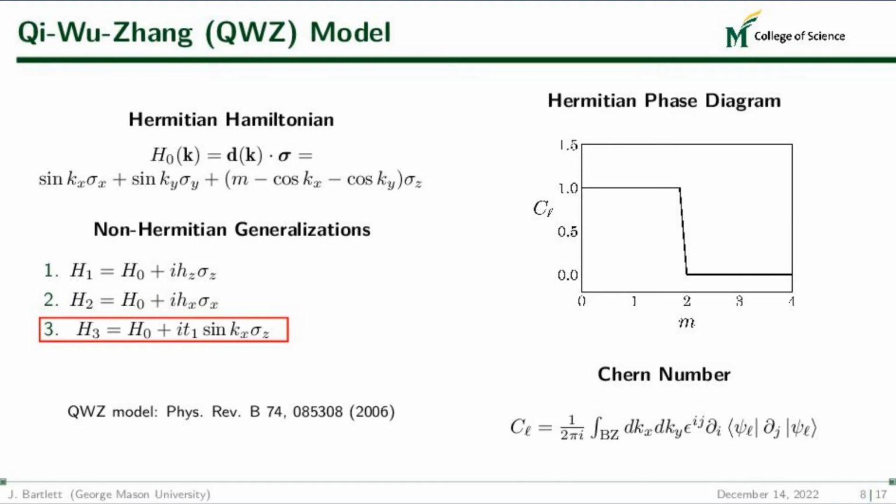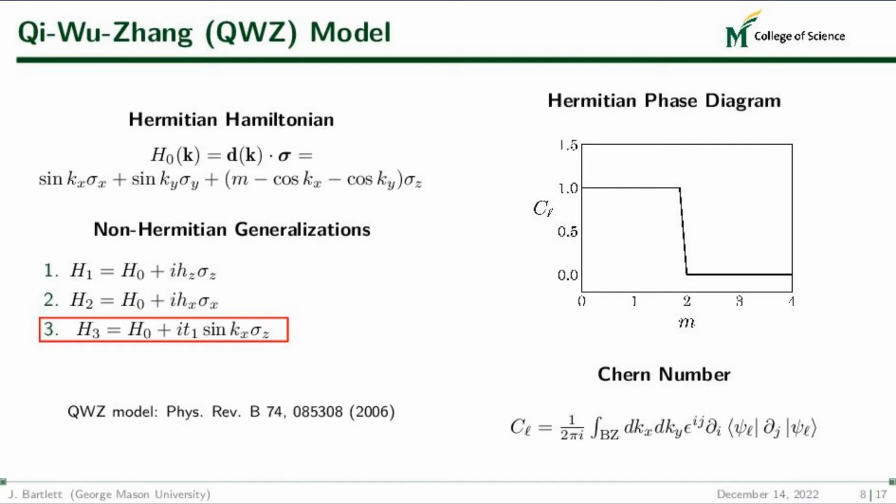For instance, if we look at this first term, sine of kx sigma x, this is showing you the hopping from A to B or B to A in the x direction. The sine of ky term, likewise, is A to B or B to A in the y direction. And then these cosine terms, cosine kx and cosine ky, are hopping from A to A or B to B in the x and y directions.